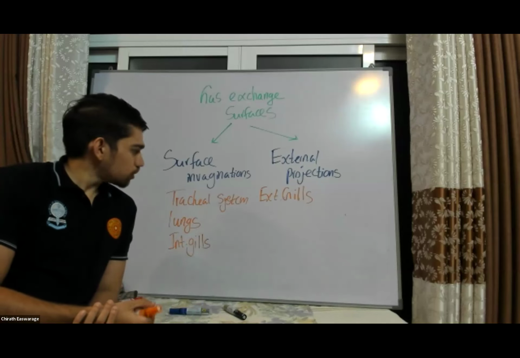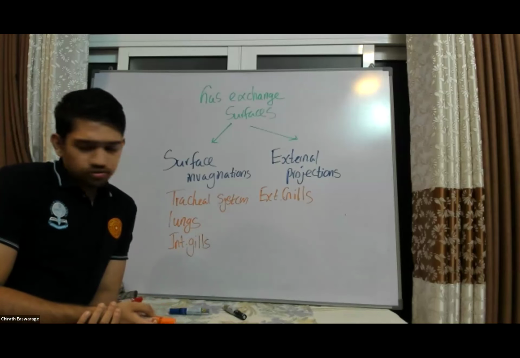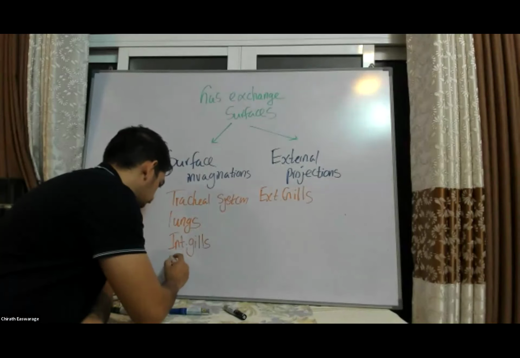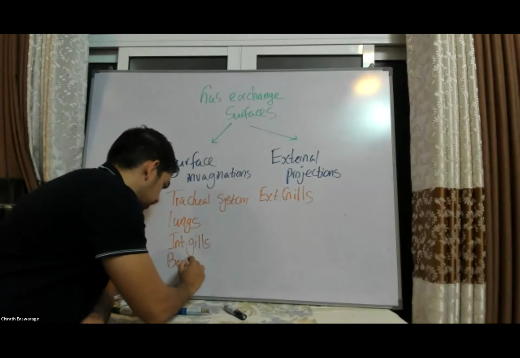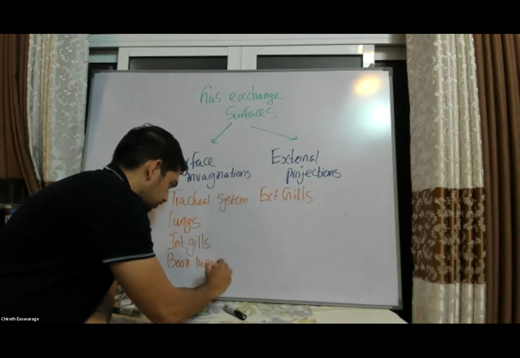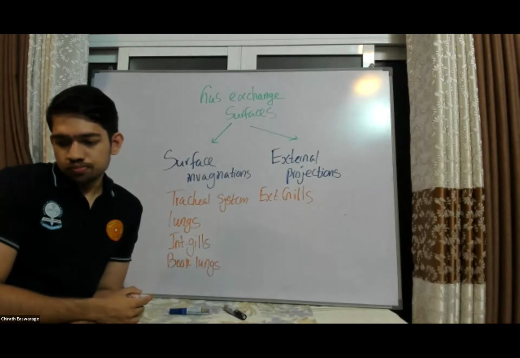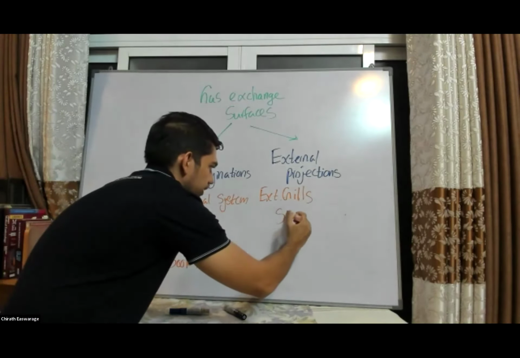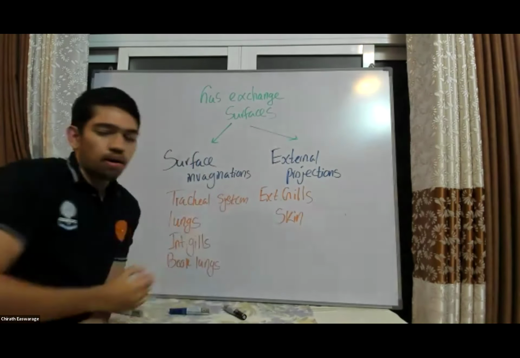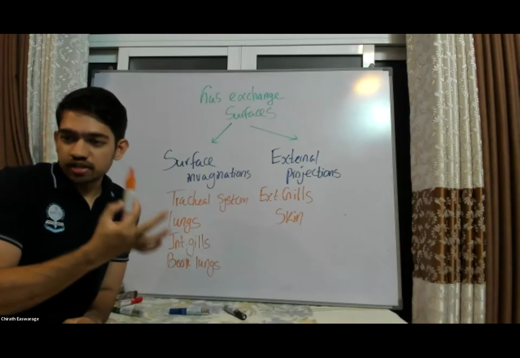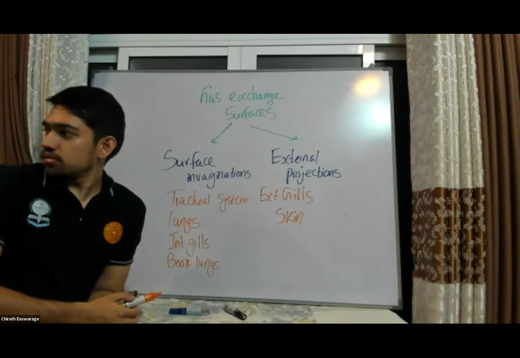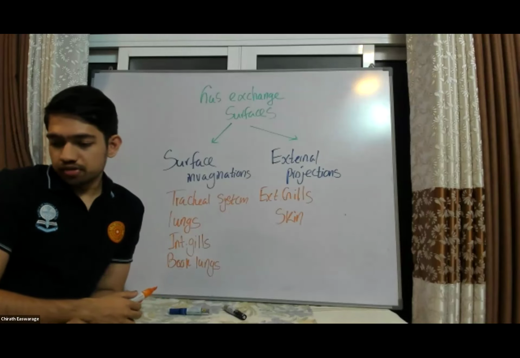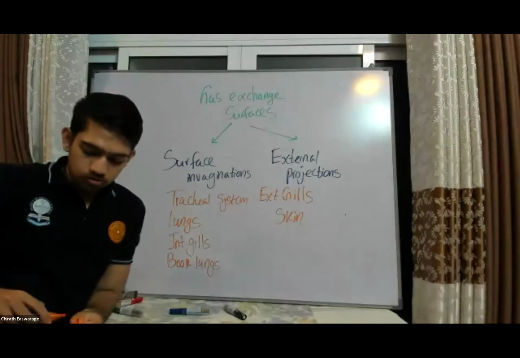Also there are some surface invaginations such as book lungs, located inside the body. For external projections, you can still take moist skin. It has to be wet. I'll tell you why it has to be moist. Wet skin, okay, so that's the example.